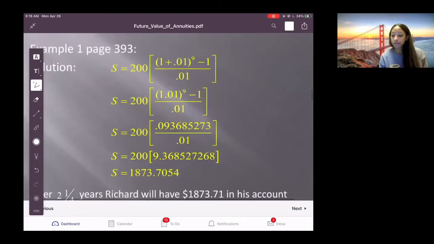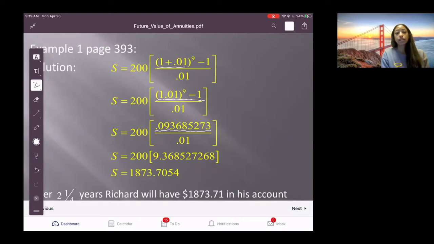So you definitely want to practice this as we're going throughout. I usually simplify this part first. So simplify what's in the parentheses. 1 plus 0.01 is 1.01. And then you can compute this entire numerator. 1.01 to the 9th power minus 1 gives us this long decimal. Notice I keep the entire decimal. I do not round in the middle of the problem.